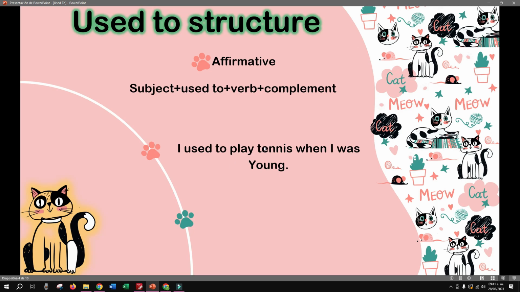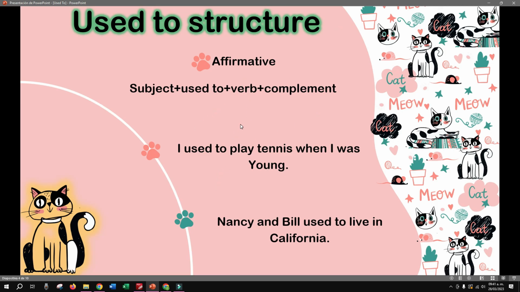Now, maybe that person doesn't play tennis anymore. That would be right. Nancy and Bill used to live in California. Nancy and Bill, subjects. Used to, that will be the structure. Then, look, there you have the verb in the base form.